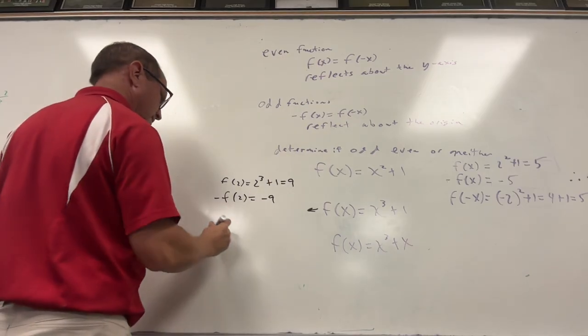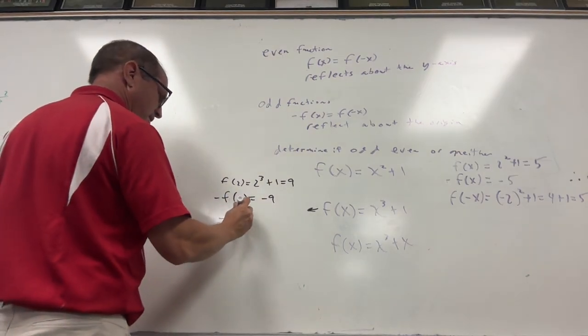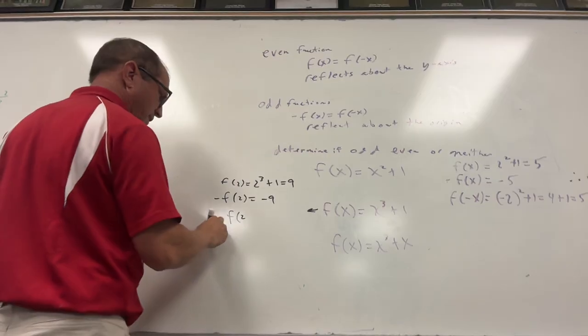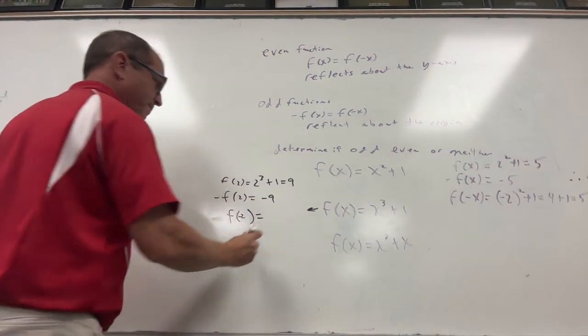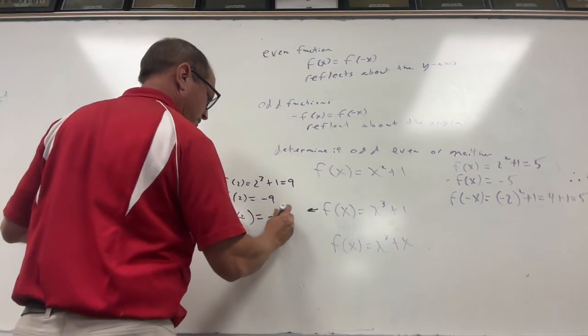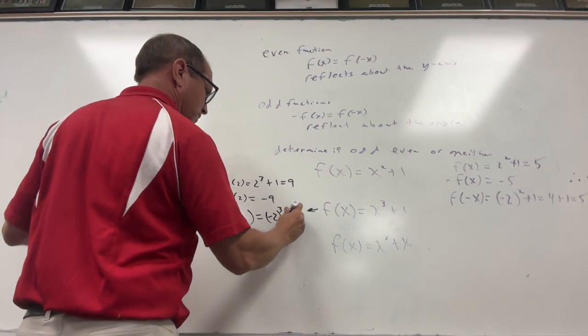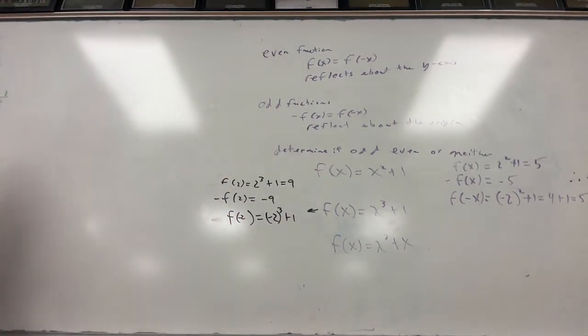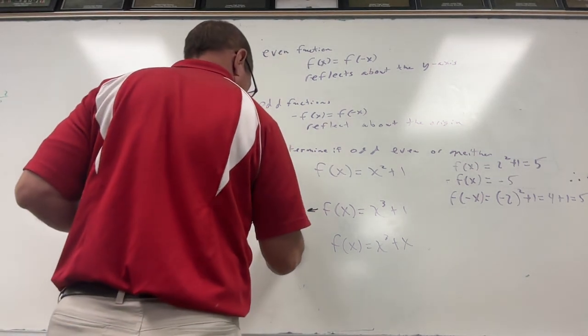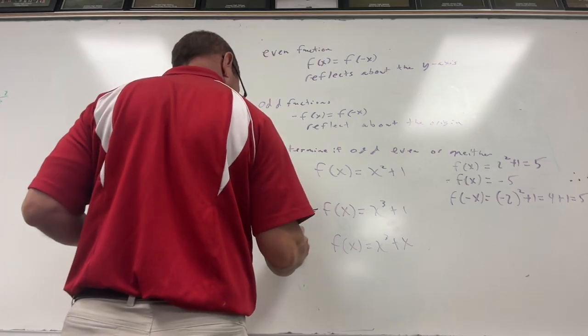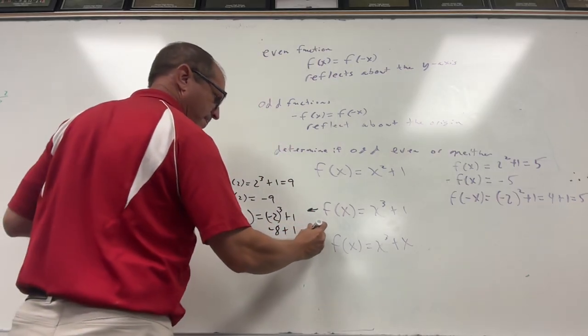And what is f of negative 2? Well, it's negative 2 cubed plus 1. What do I get when I cube negative 2? I get negative 8, right? And what is negative 8 plus 1? Negative 7.